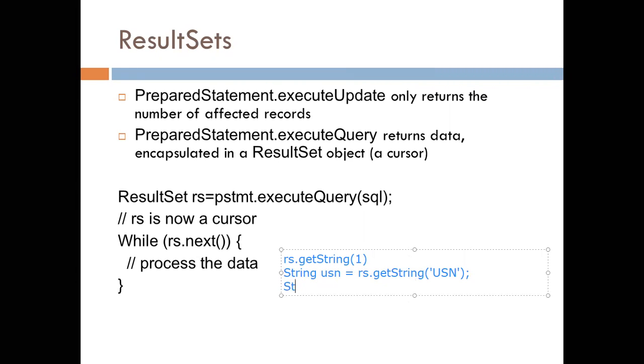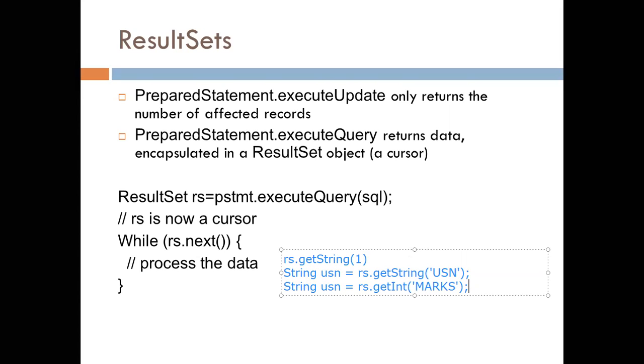Just like this, if I want to extract their marks value, I can write getInt of marks. Whatever I am writing in the quotes is the name of the attribute that we have used in the database table.